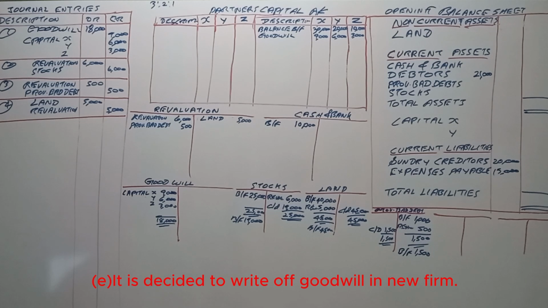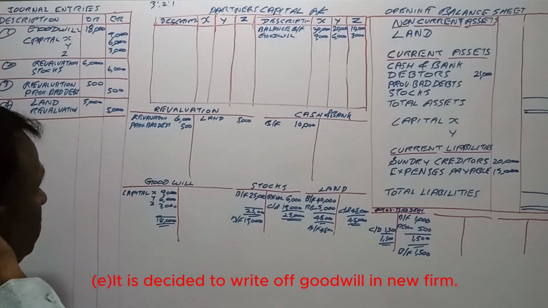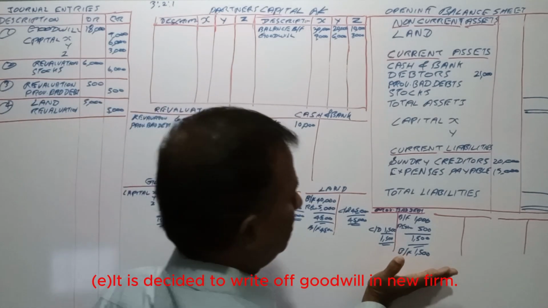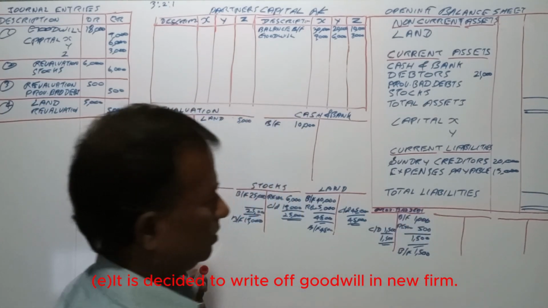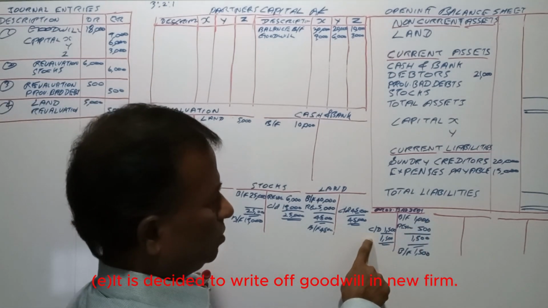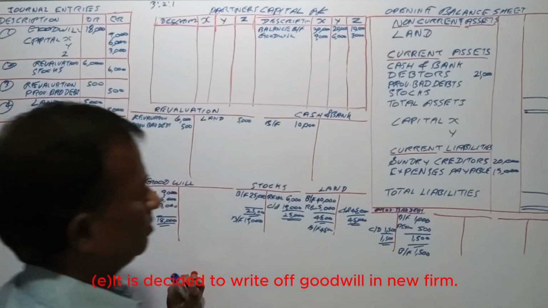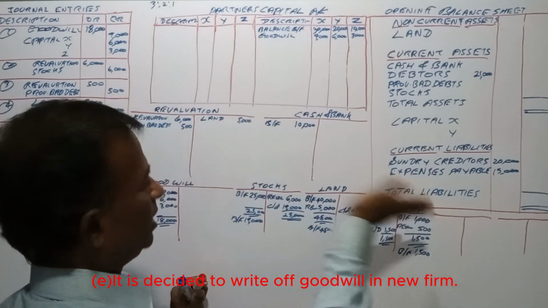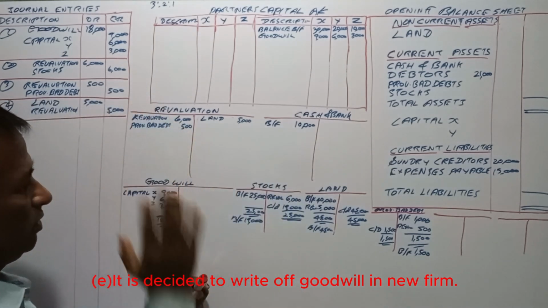And it is decided to write off the goodwill. Now we have seen provision for bad debts: opening 1,000, closing 1,500, so 500 is credited to provision for bad debts and debited to revaluation account.